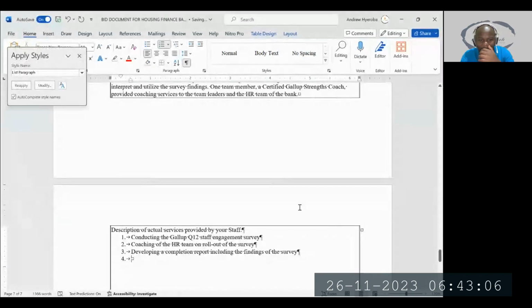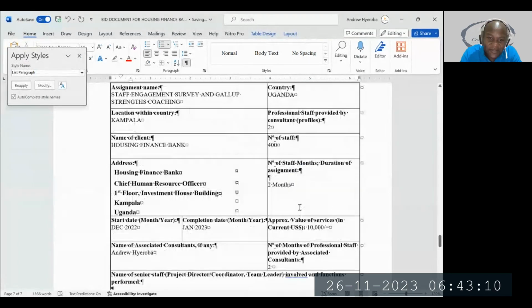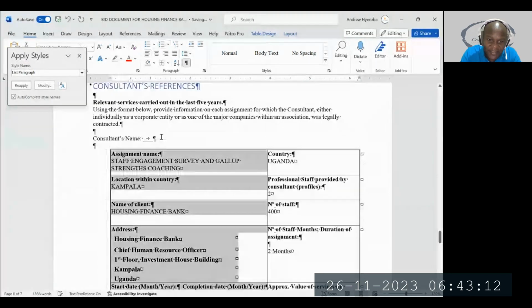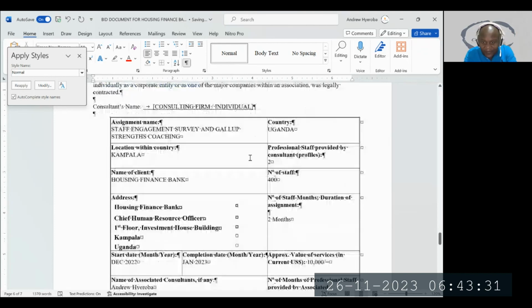Okay. So you're supposed to have this, the more the better. So the consultant's name here, I will write the name. Let me not forget. Now if we act as an individual, I'll say so and so. If we worked as a firm, I would say firm XY.